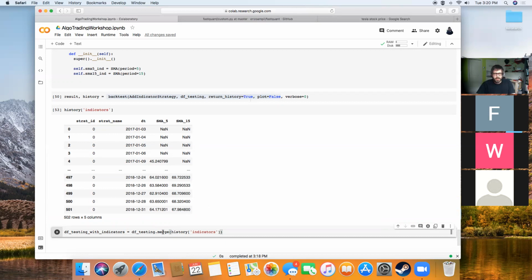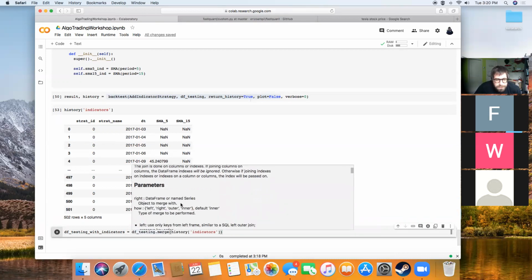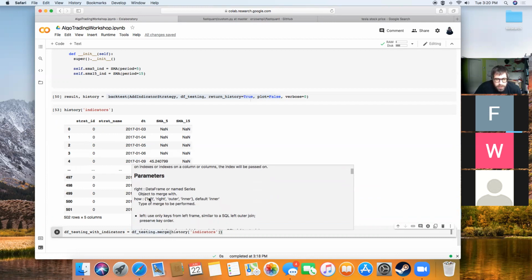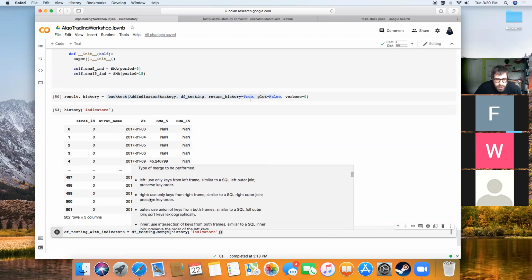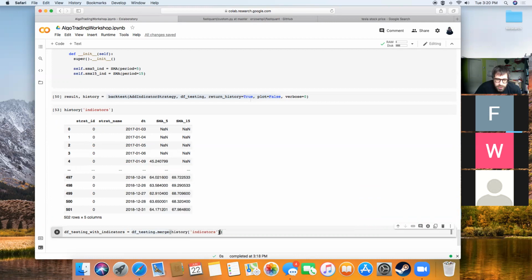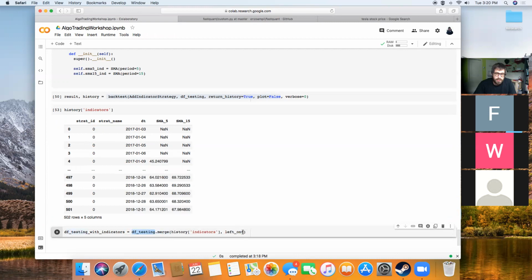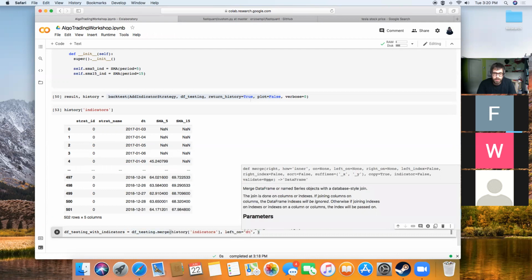So looking at the merge function, if we're merging two data frames, we'll need to specify the name of the series that is going to be matched. So the left one, which means our DF testing, we're going to use DT as the index to be merging.